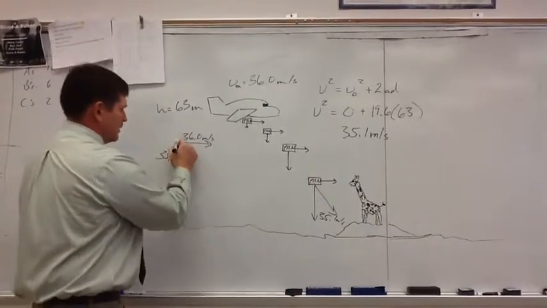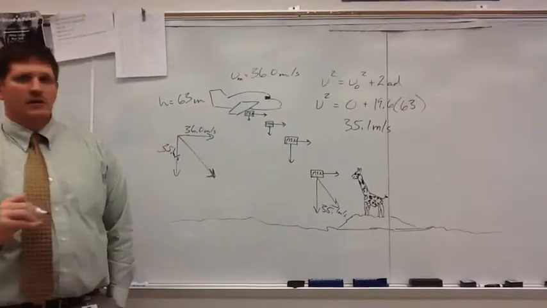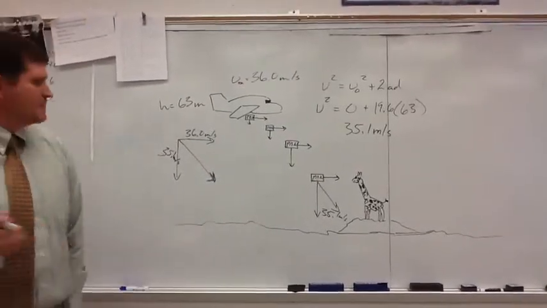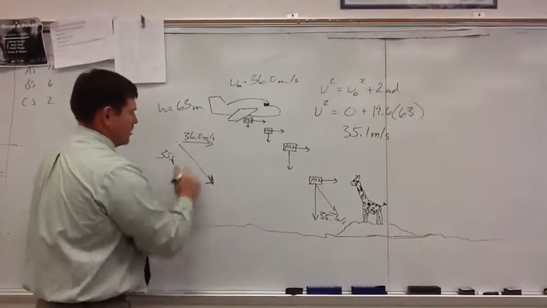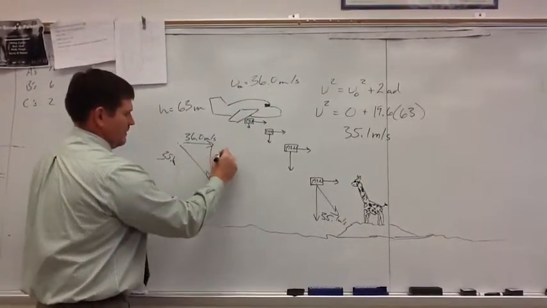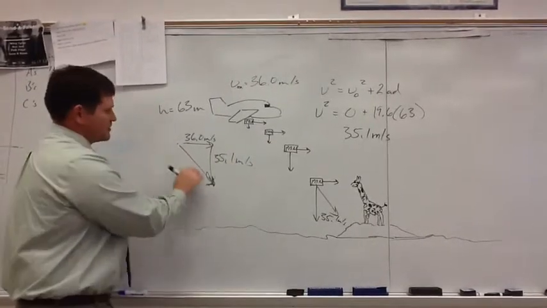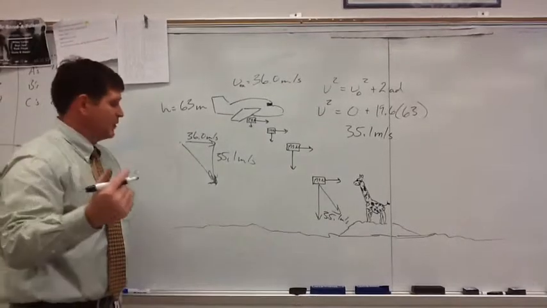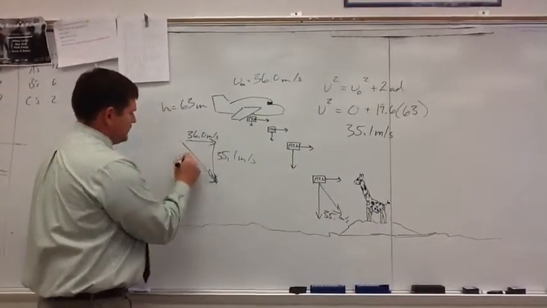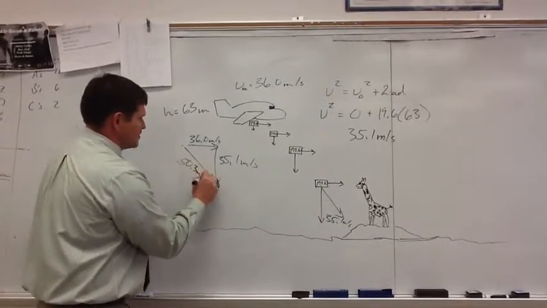So we solve for that. Okay, we just make another triangle. So I'm going to make our triangle right here. We solve for our resultant velocity, and we have 50.3 meters per second.